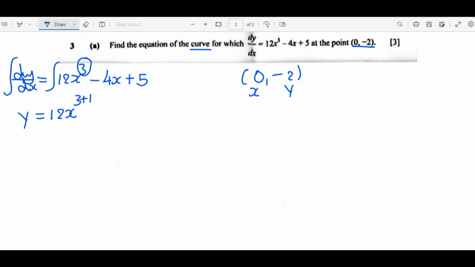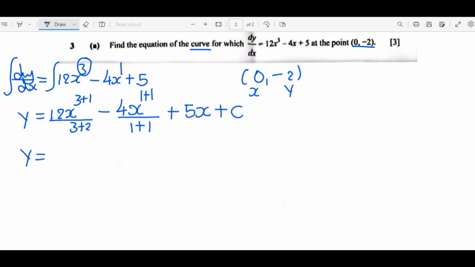Whatever you do to the power, you have to divide by the same result. Then we repeat the same process. x is raised to the power 1, so it will be 1 plus 1 over 1 plus 1. Now what happens if you have a constant number? You just have to attach x to that. So this becomes 5x plus the constant of integration.